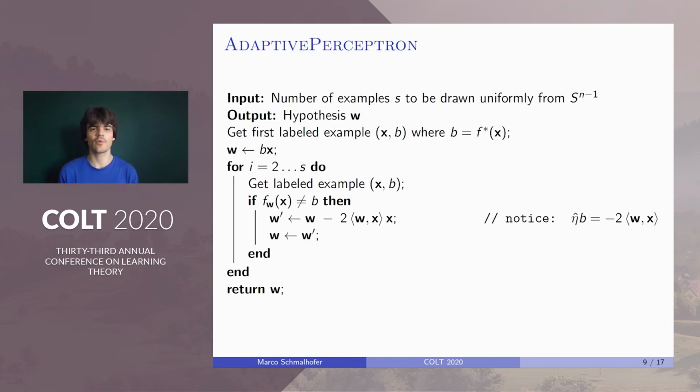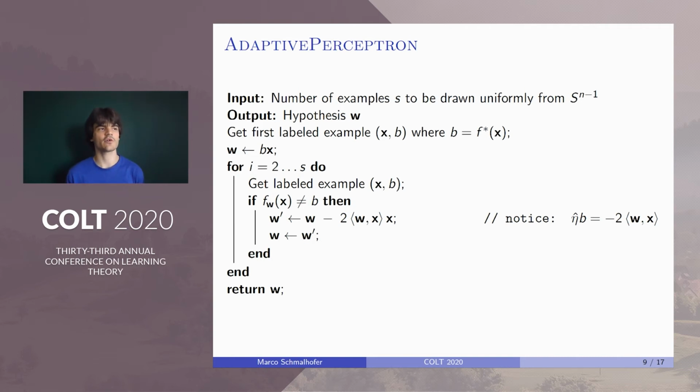Okay, this directly provides our algorithm, which is a very simple iterative algorithm. Input is a number of examples to be drawn uniformly from the unit sphere. The output is a hypothesis vector W, and the algorithm is as follows.